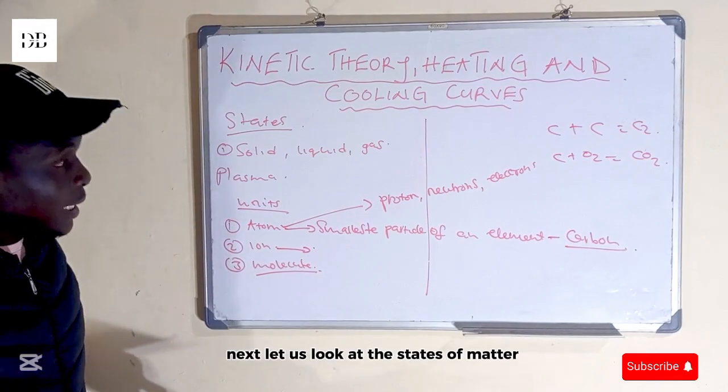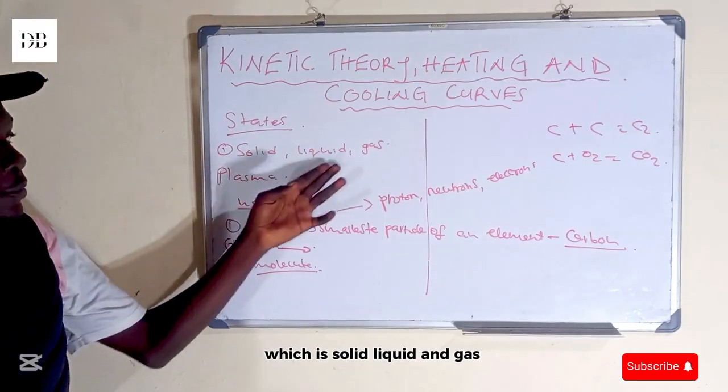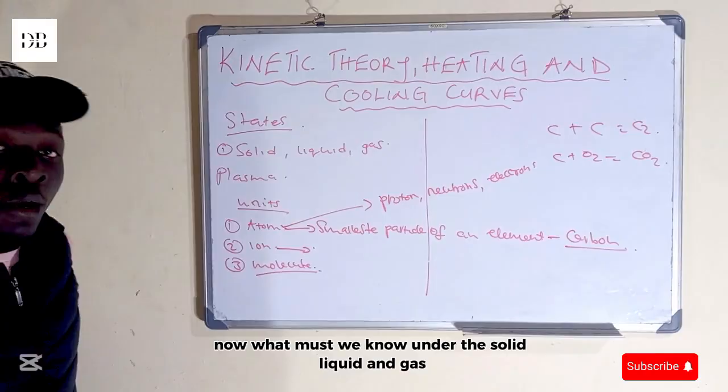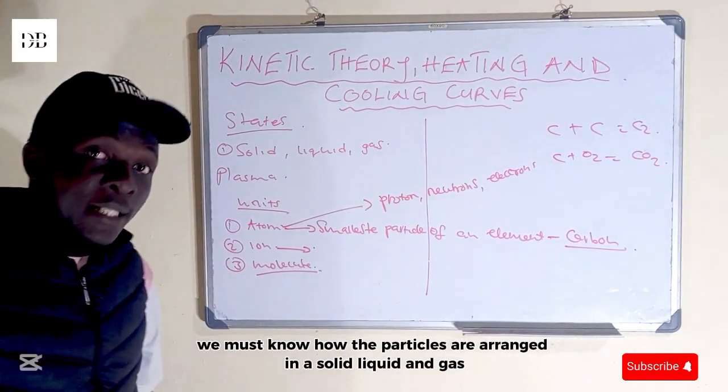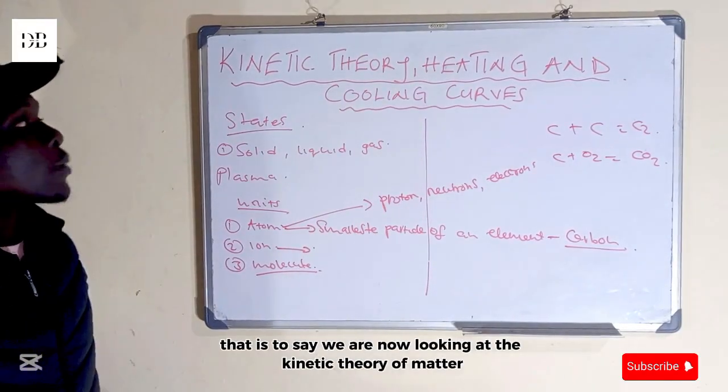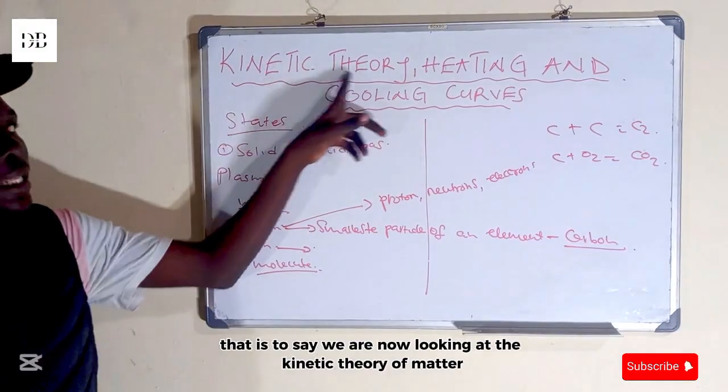Next, let us look at the states of matter, which is solid, liquid, and gas. Now, what must we know under the solid, liquid, and gas? We must know how the particles are arranged in a solid, liquid, and gas. That is to say, we are now looking at the kinetic theory of matter.